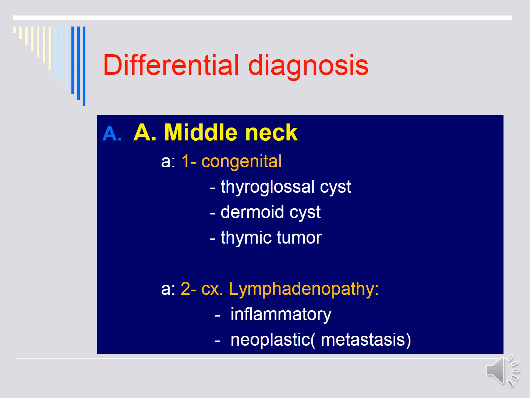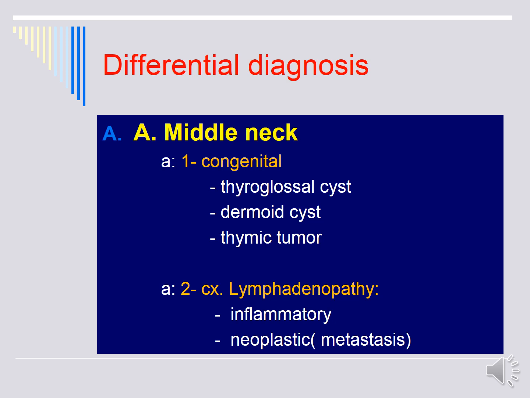Differential diagnosis of the neck mass. The neck masses can be divided into middle and lateral groups. Some books divide them according to pathology into congenital, inflammatory, and neoplastic. I will depend on the distribution according to the anatomical site.